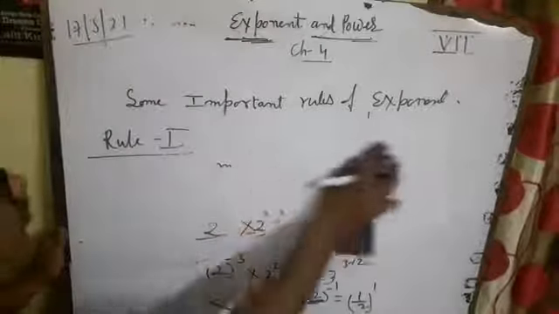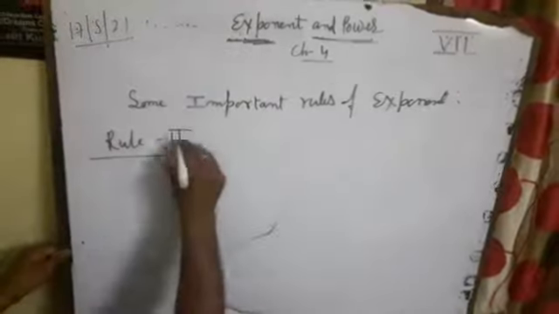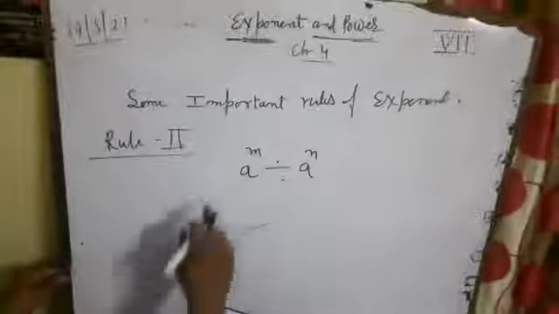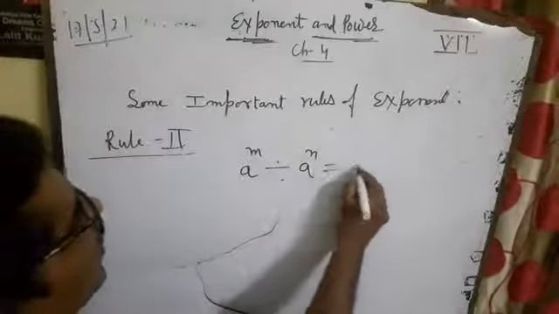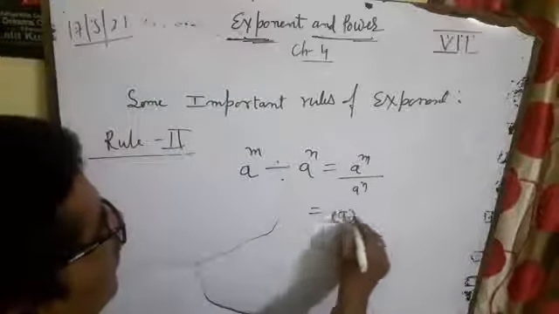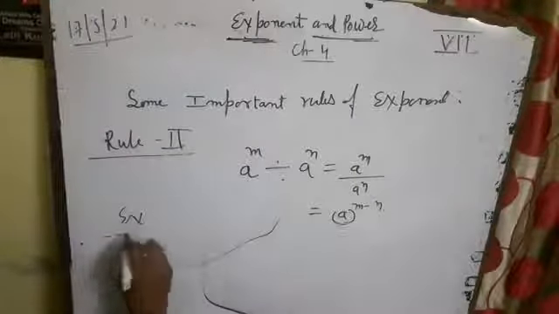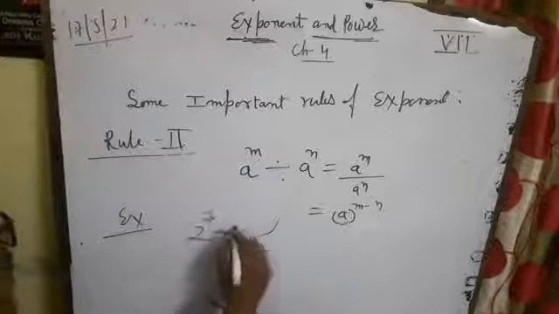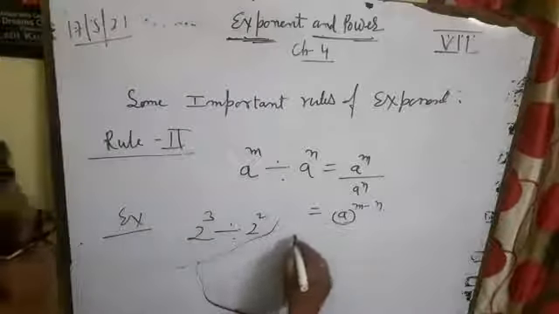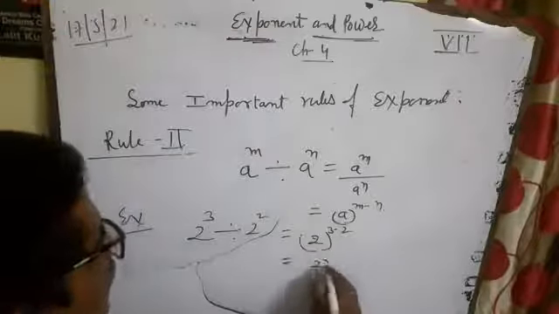Similarly, rule number 2. A number's base is same, but power is same or different, in the form of divide: A to the power M upon A to the power N. The power is M minus N. For example, 2 to the power 3 divided by 2 to the power 2. 2 to the power 3 minus 2, 2 to the power 1.